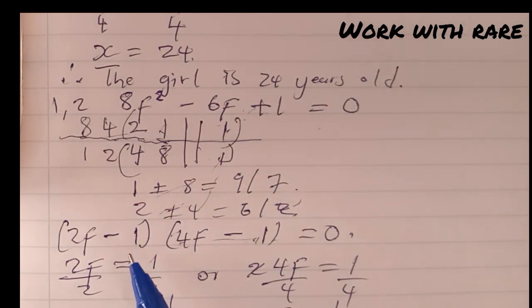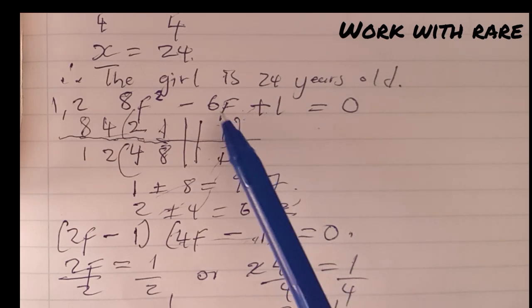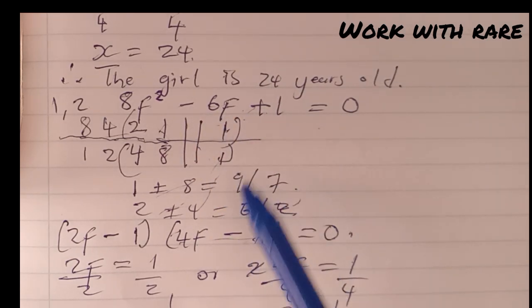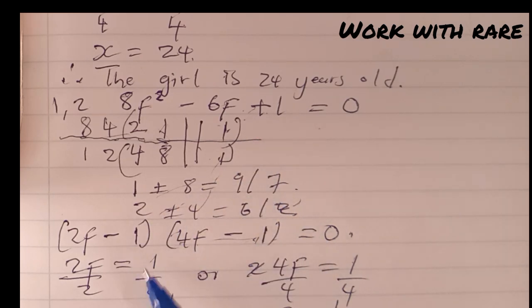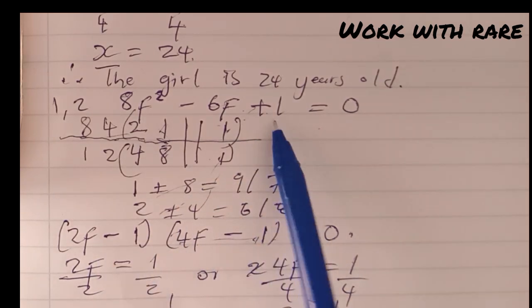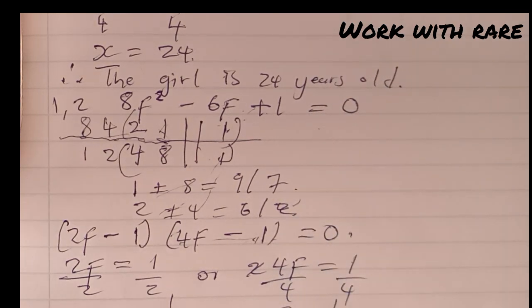Remember, we say the bigger number takes the sign of the middle term. Here we have a negative middle term and a positive last term, and since the product is positive, our signs will both be negative. We have to equate it to 0, so I equated it to 0.